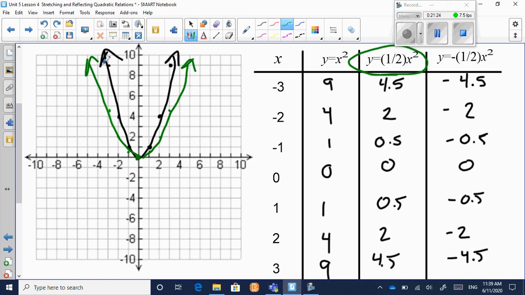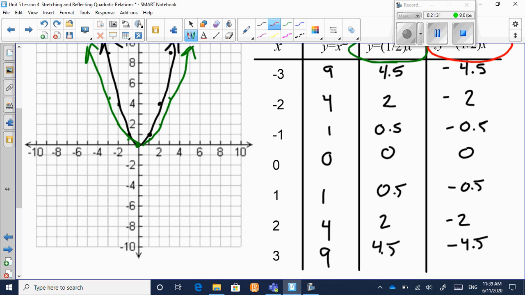Okay, but then finally, if we do the one that they've asked us, which is the flip, it's going to look like this. At negative 3, it'll be negative 4.5, so it's going to be right about there. At negative 2, it's at negative 2. At negative 1, it's at negative 0.5, 0, 0, and then we just have the reflected points.